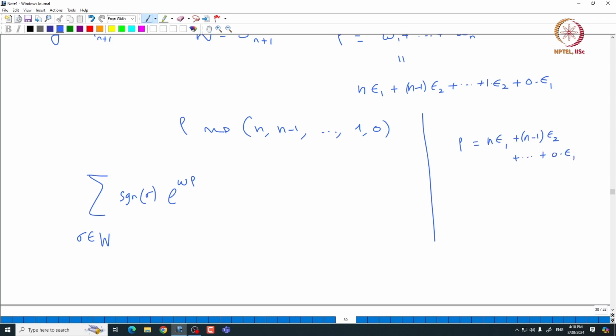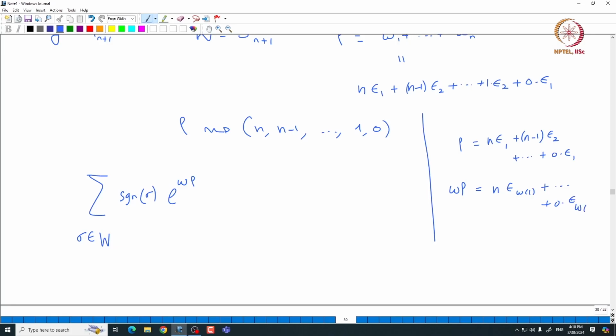If you use this basis, then you can easily see that W rho is going to be n epsilon W of 1 plus etcetera plus 0 times epsilon W of n plus 1.